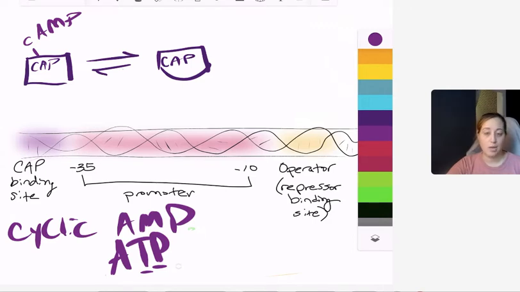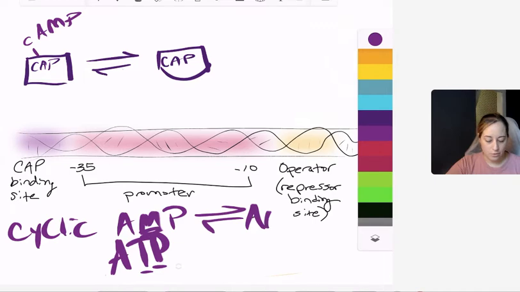So adenosine triphosphate is what ATP is. So what does that make AMP? Well, that would be adenosine monophosphate. So just one phosphate. And this kind of looks like a D, so, not the best, but this should be a P. So adenosine monophosphate, that can be converted back and forth depending on the organism.